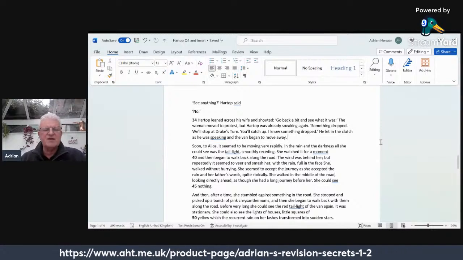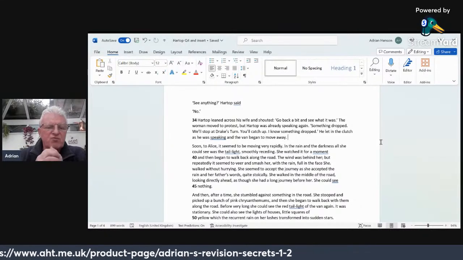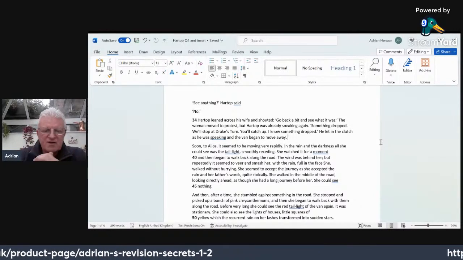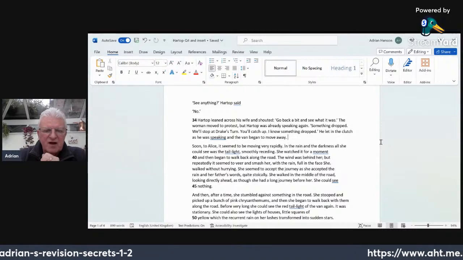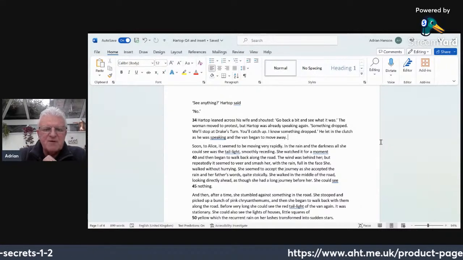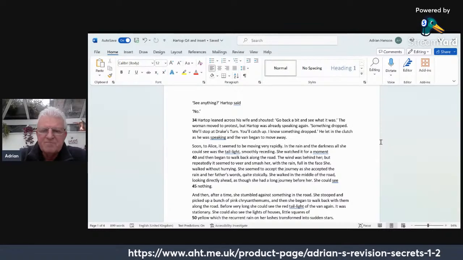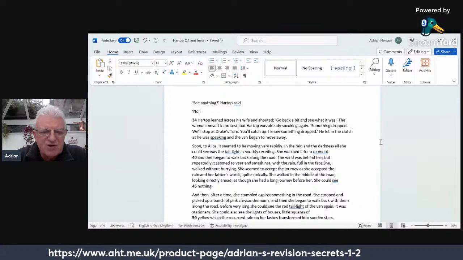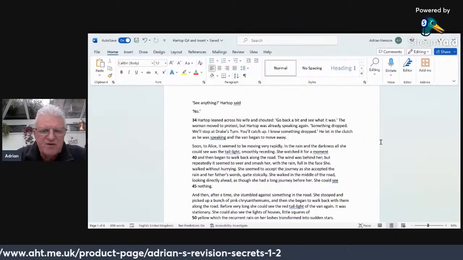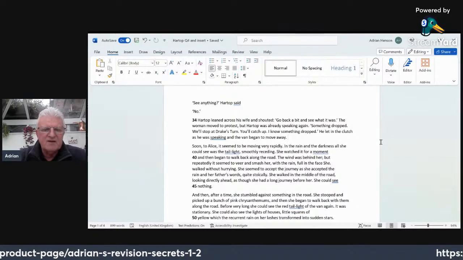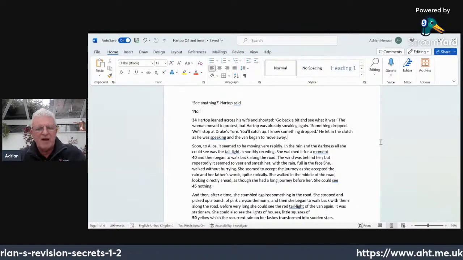And then there's a shift of focus from the writer going to Alice, and now we're looking from her perspective. "And to Alice, it seemed to be moving very rapidly in the rain and the darkness. All she could see was the tail light smoothly receding. She watched it for a moment and then began to walk back along the road."